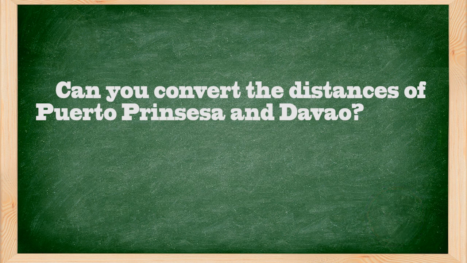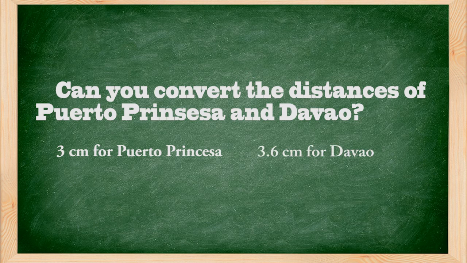Time's up! Let's check your conversion. The correct answers are 3 centimeters for Puerto Princesa and 3.6 centimeters for Davao.